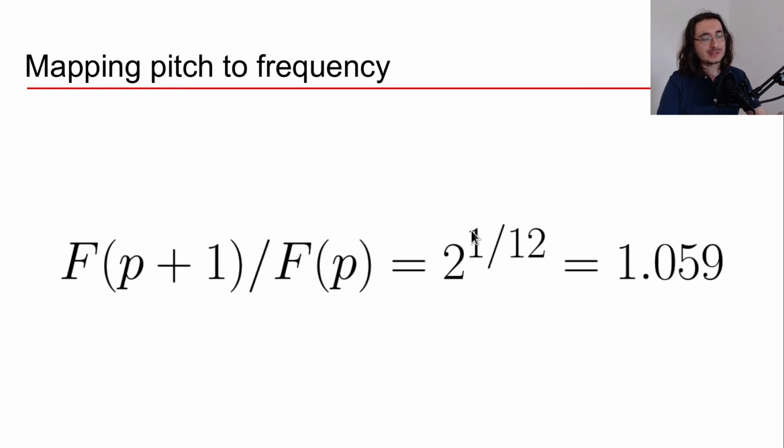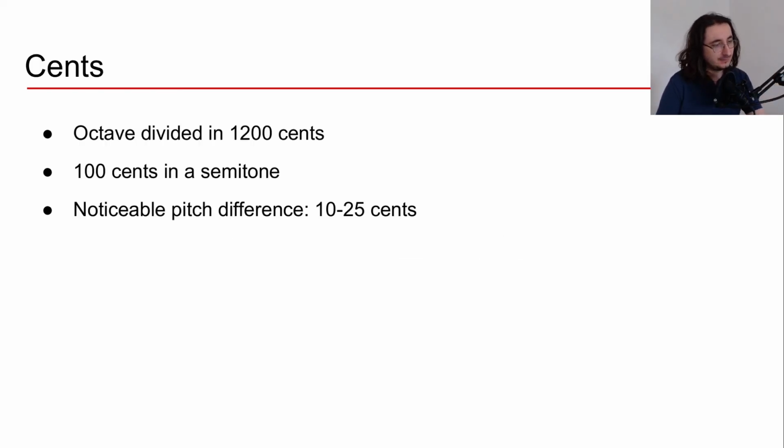But if we go up just a semitone, this is going to be equal to 2 to the power of 1 divided by 12, because we know that we are dividing the octave into 12 semitones. Okay, cool.